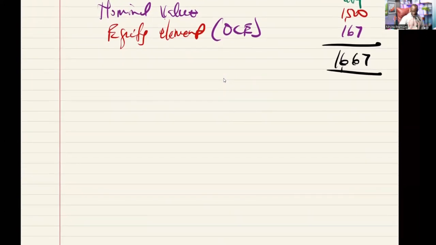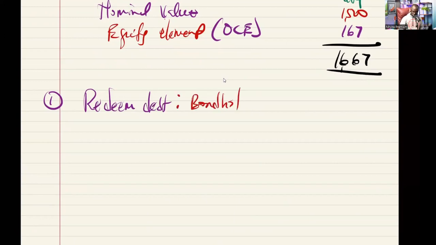So let's say case number 1. They redeem the debt, meaning that the bondholders take cash. They don't want to convert into shares. If the bondholders take cash, what happens? Simple.